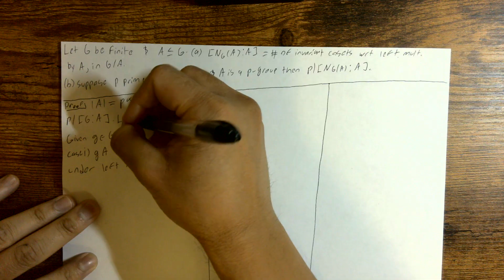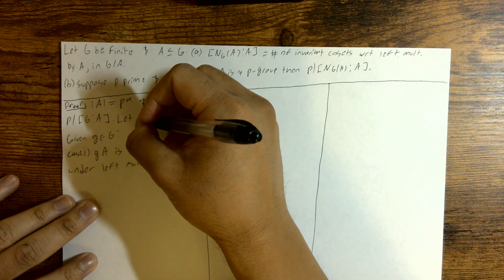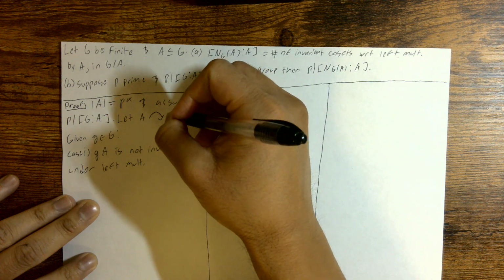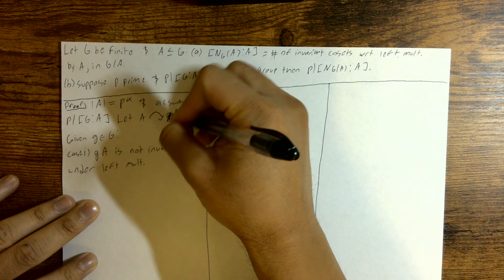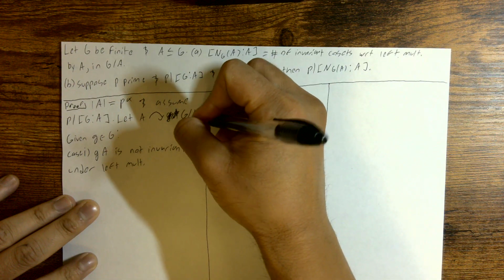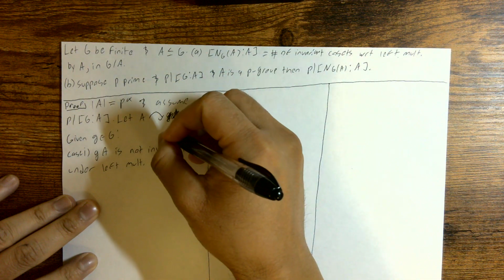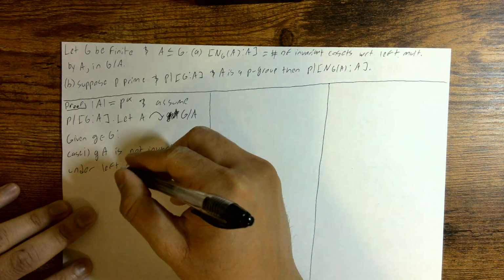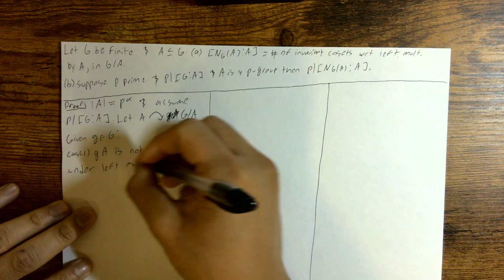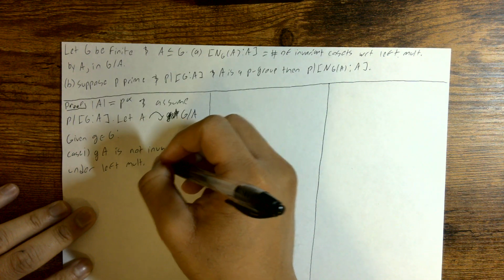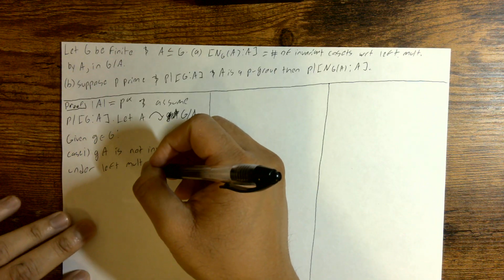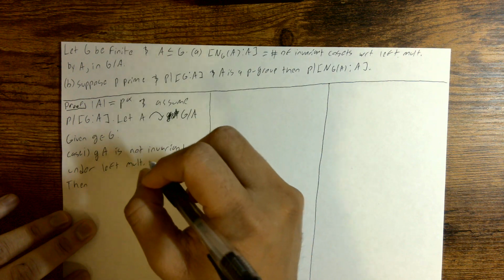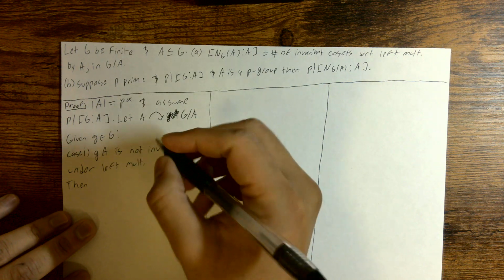So we could just say, let A act on gA, that should be G mod A. And here we mean left multiplication by A. If gA is not invariant under left multiplication, then what?